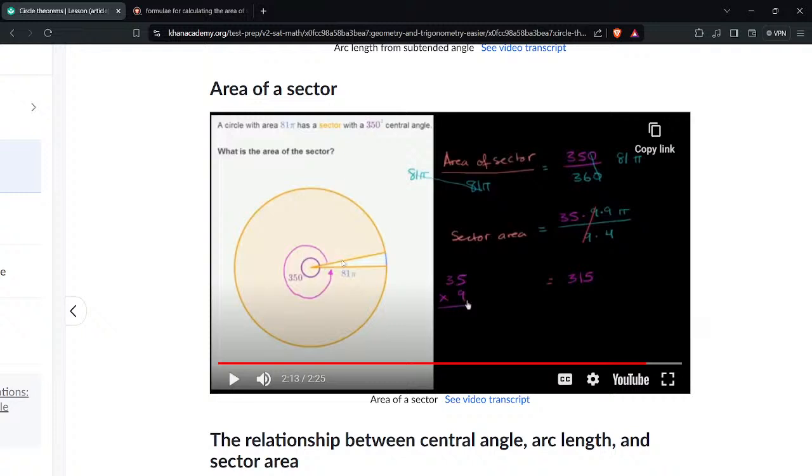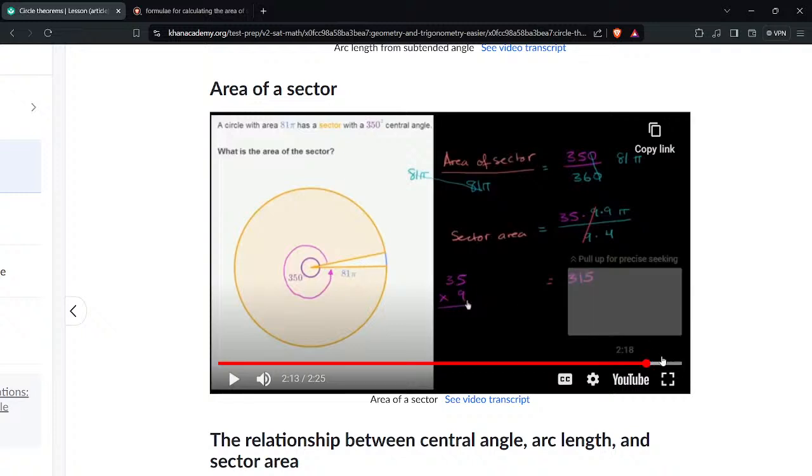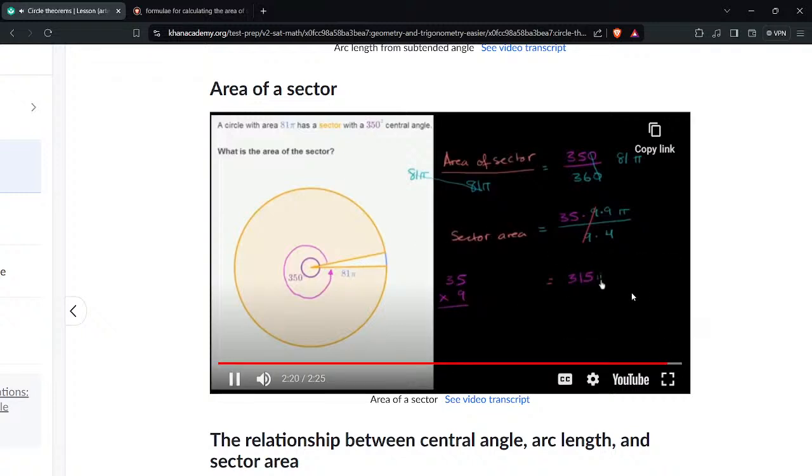So we got... what's pi r squared? Pi times 81 pi squared? That's the radius, right? So let's see if we get the same answer. Theta over 360 times pi r squared, pi times 81, which is pi whole squared. So do we get the correct answer? 315 pi over 4 is the area of the sector.